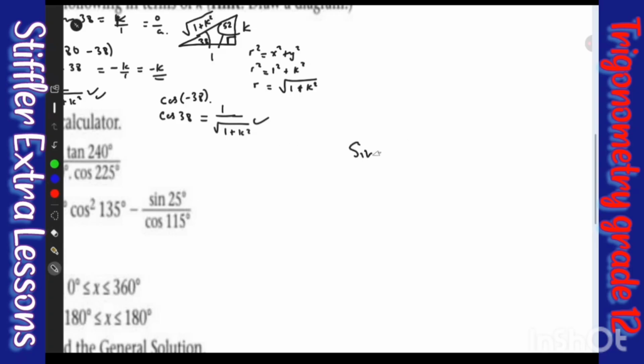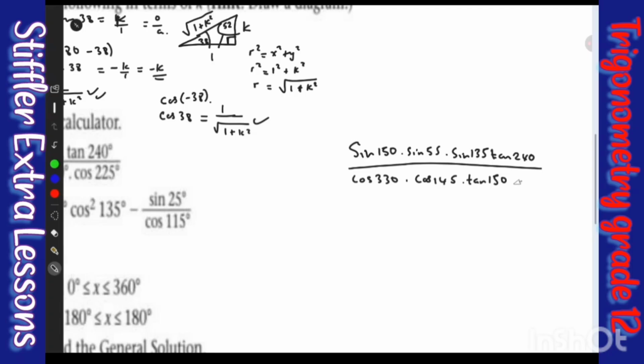It is saying that sine of 150 multiplied by sine 55 multiplied by sine 135 multiplied by tan 240, all over cos 330, cos of 145, tan of 150 and cos 225.